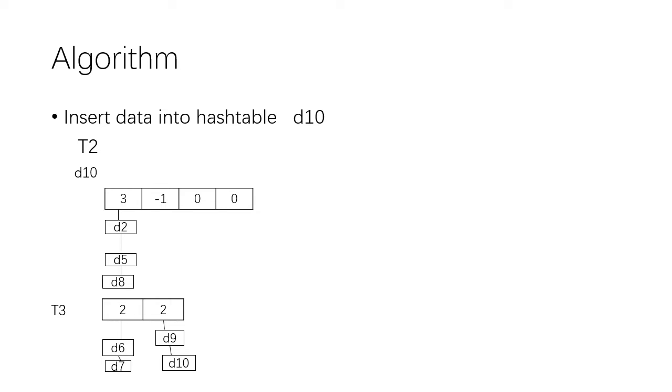So this is the basic idea of the recursive strategy of my algorithm. When we need to insert the data D into our hash table, we first need to check in T1 in its corresponding index. If it's not -1, we just insert into its corresponding index directly. If it's -1, we need to go to the next level. And we check the next level the same as the first level.